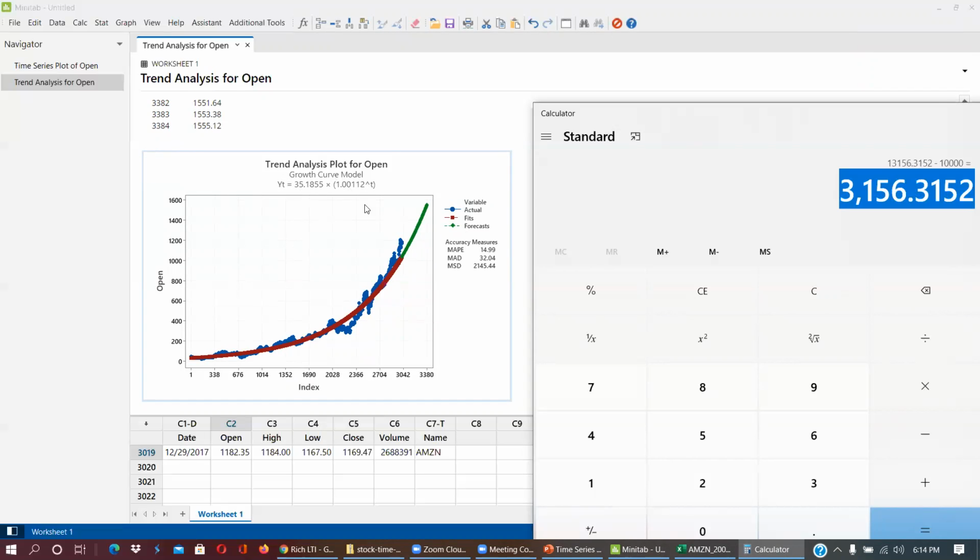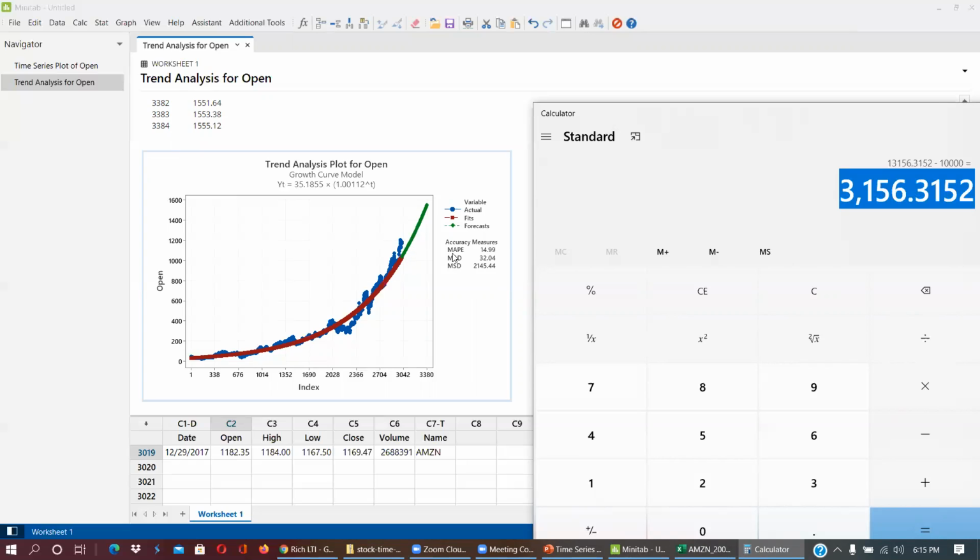On the bottom you can see the index, the values which we can see here. Date means 1 to 3019 and 3380.